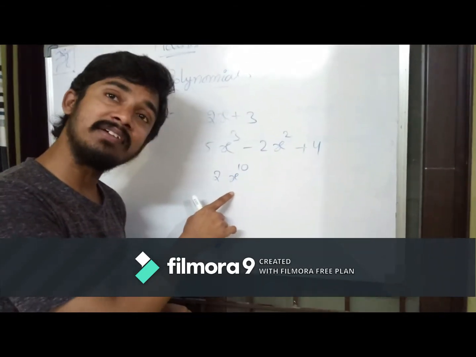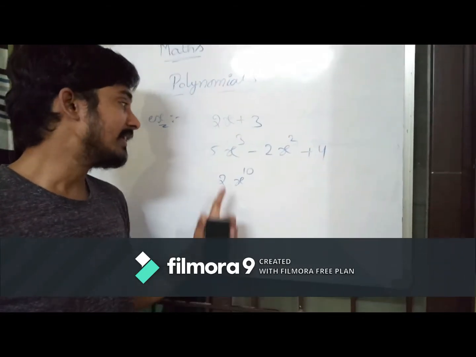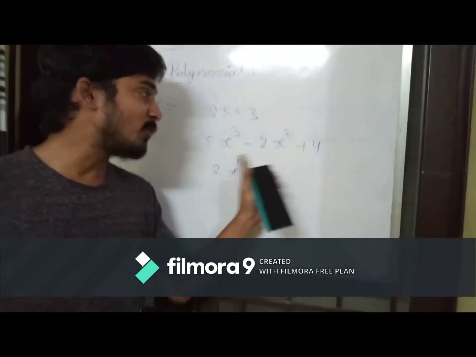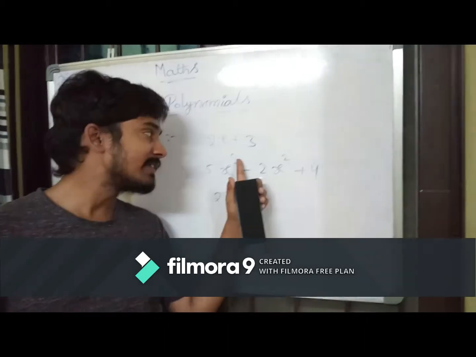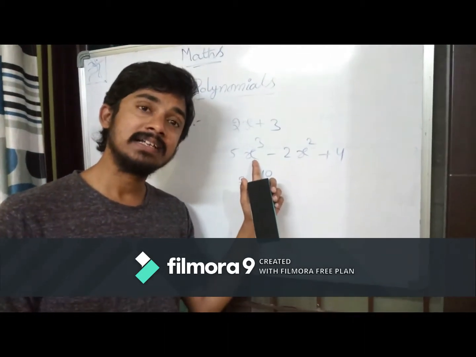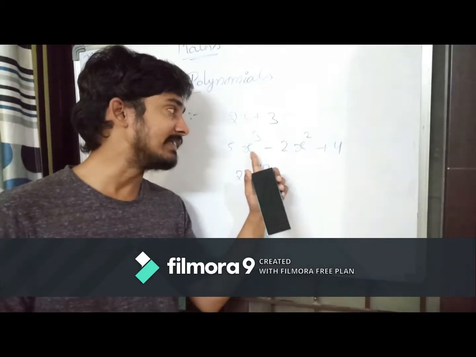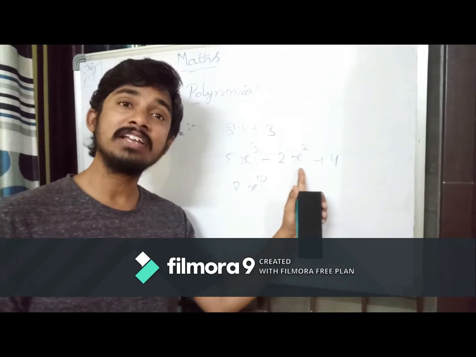In this polynomial 5x cube minus 2x square plus 4, 3 is the power of variable x. In this term 2 is the power of variable x.